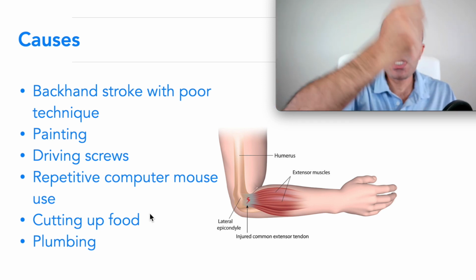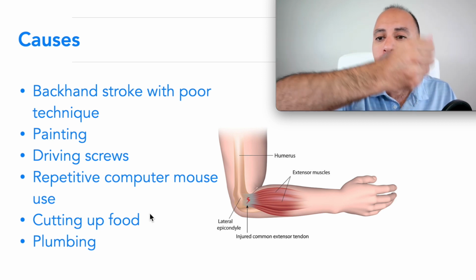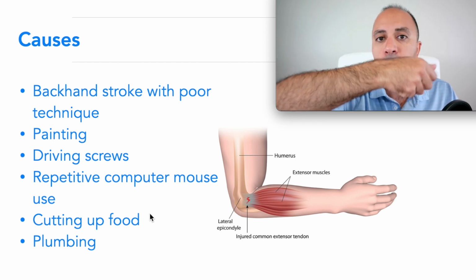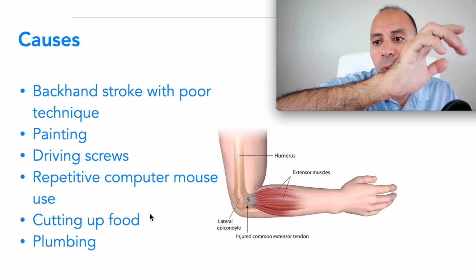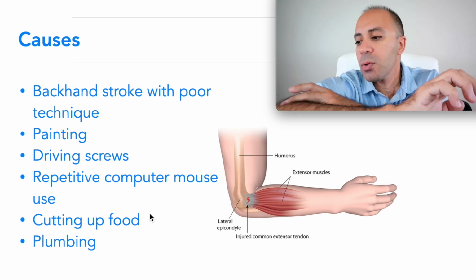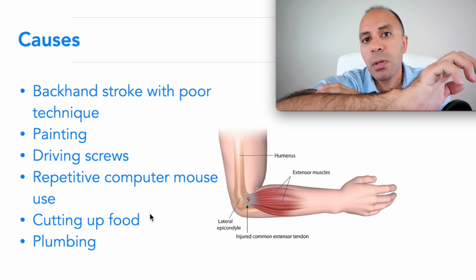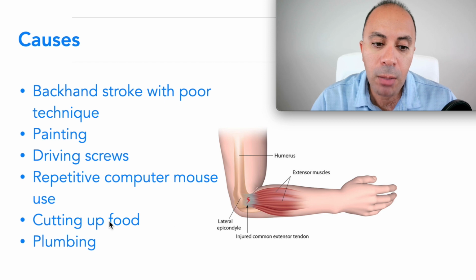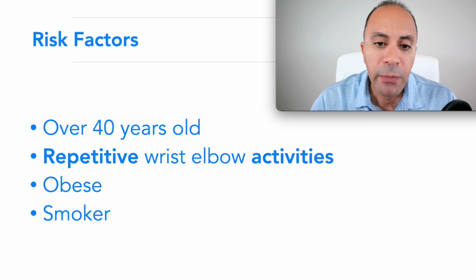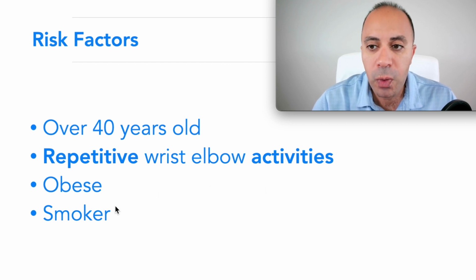So any motion that causes a lot of repetition, with the backstroke or a lot of typing or a lot of mouse movement, where you overuse this muscle, could be a risk factor for having tennis elbow. The risk factors are being over 40 years old, repetitive motion, obesity, or smoking.